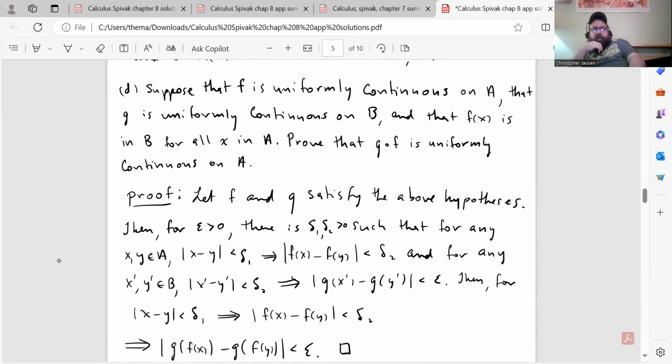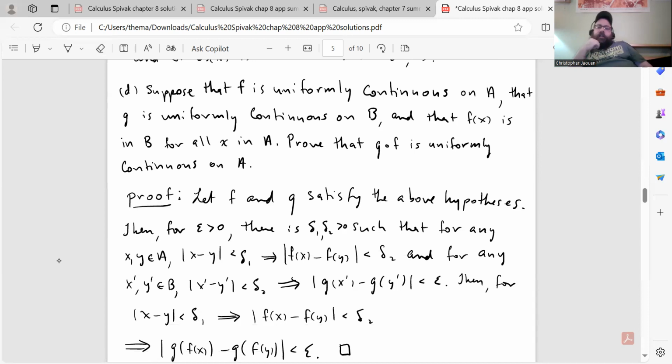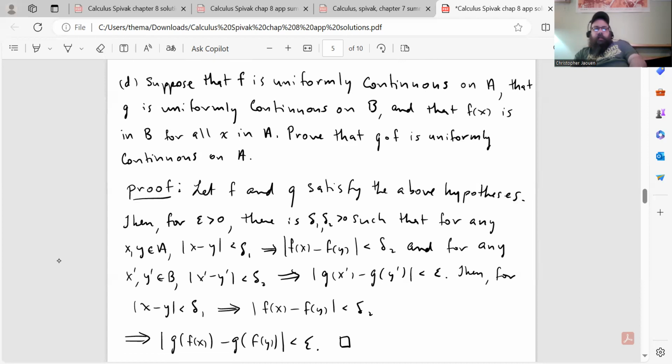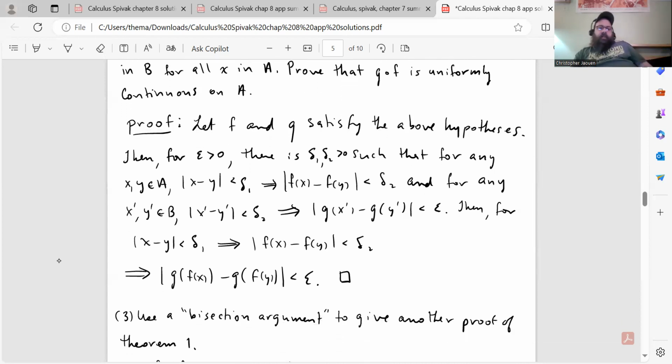All right, part D, suppose that f is uniformly continuous on A, that g is uniformly continuous on B, and that f of x is in B for all x in A. Prove that g composed with f is uniformly continuous on A. Right, again, this is pretty straightforward. Let f and g satisfy the above hypotheses. Then for epsilon greater than 0, there's delta 1, delta 2 greater than 0, such that for any x, y in A, absolute value x minus y less than delta 1 implies f of x minus f of y in absolute value less than delta 2.